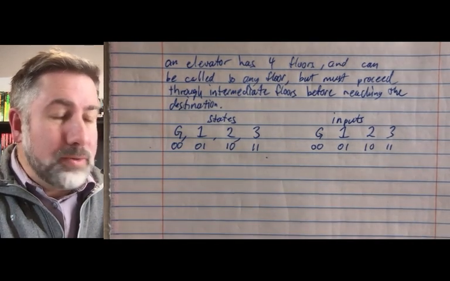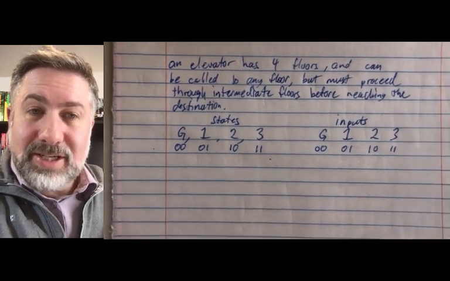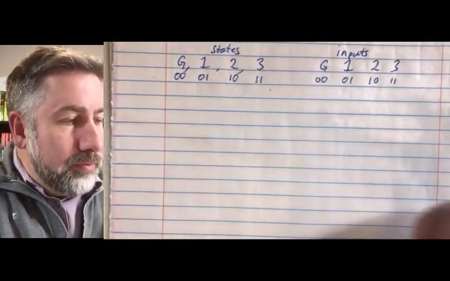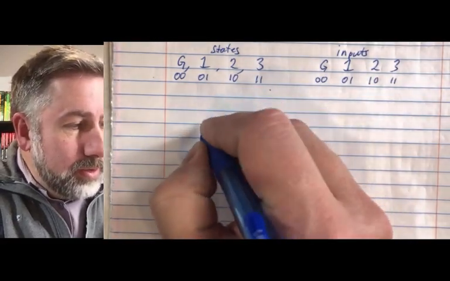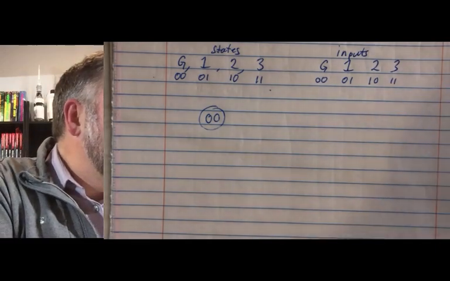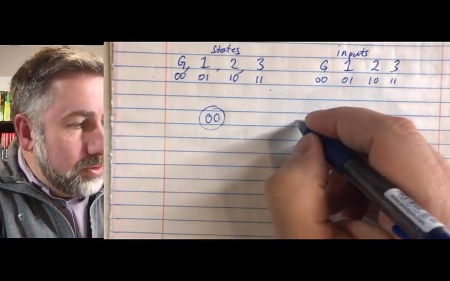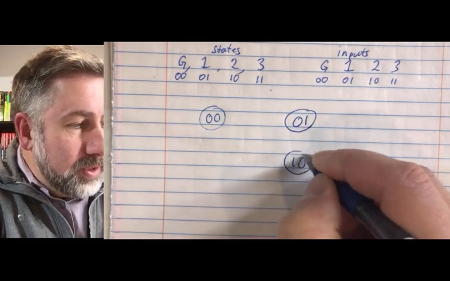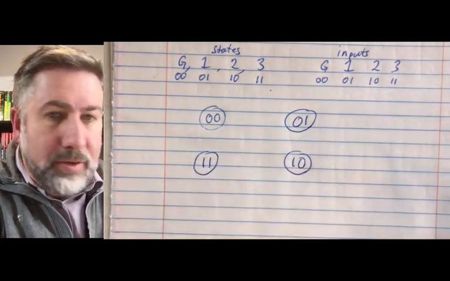So what we're going to do is we're going to draw out the state transition diagram. We're going to have these 4 states, and we're going to draw them out. 0, 0 for the ground floor, 0, 1 for the first floor, 1, 0 for the second floor, and 1, 1 for the third floor.